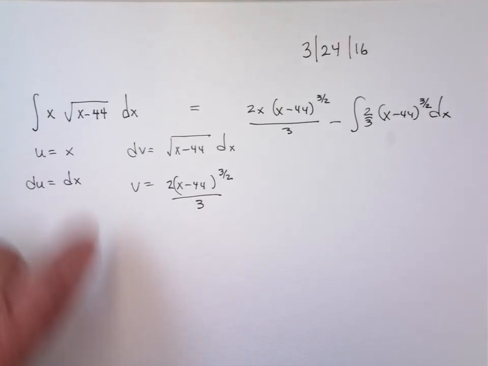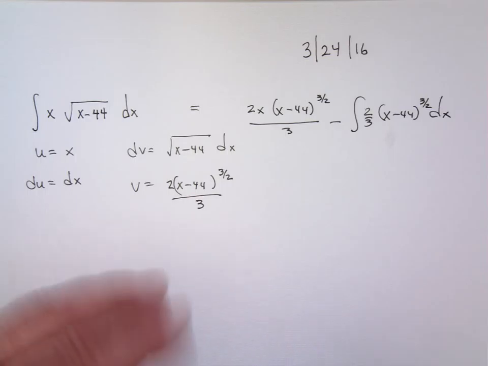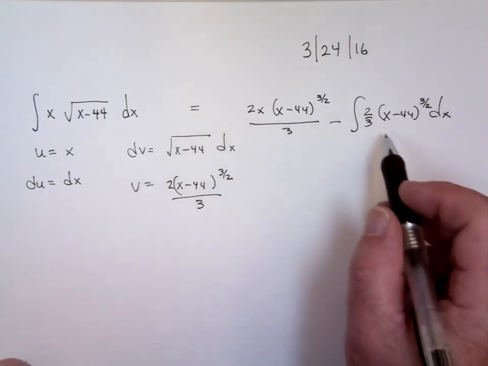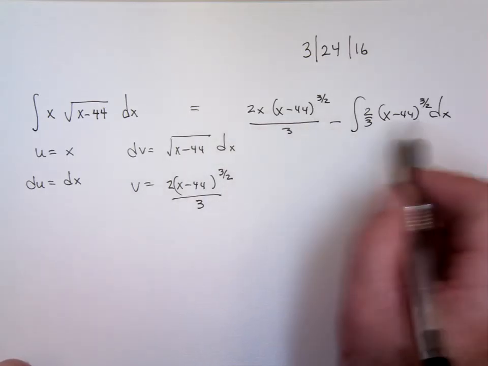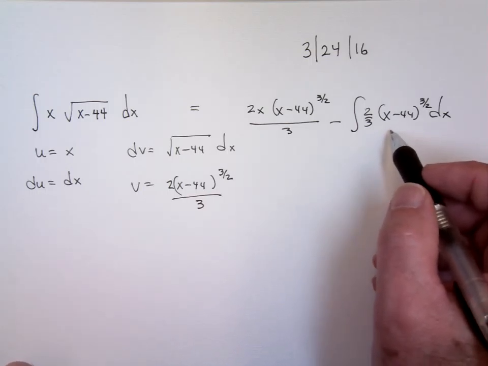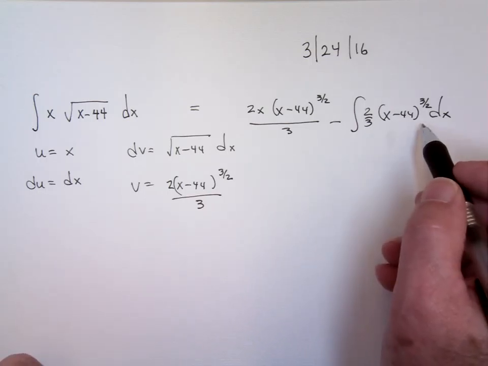Like I said, I still think that letting u equal the square root like we did before is probably simpler, but this does work. So what do we have here? All we have to do is this integral, and this integral is in u to the n form. u is x minus 44, du is dx.